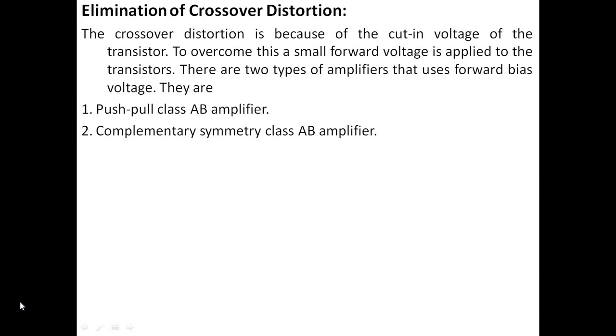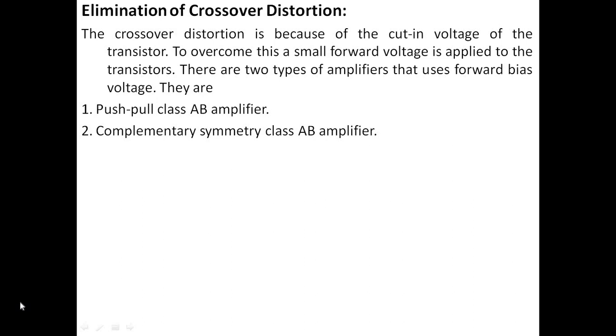That's why we normally call it crossover distortion. And to avoid this crossover distortion, you need to provide an external cut-in voltage as a compensation towards the transistors. That's what we try to do here, and we have already discussed class B power amplifier. The operating point is chosen exactly on the x-axis.